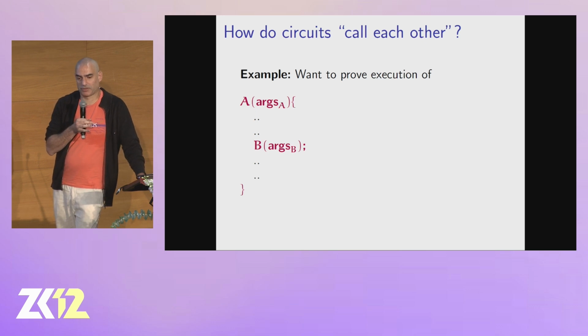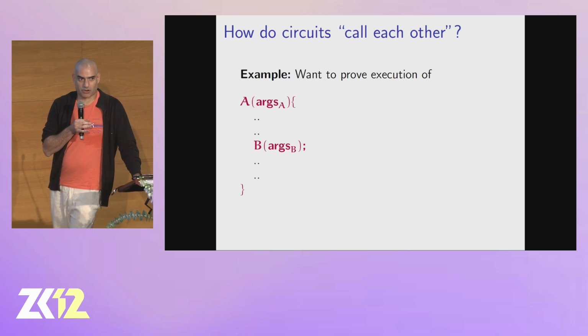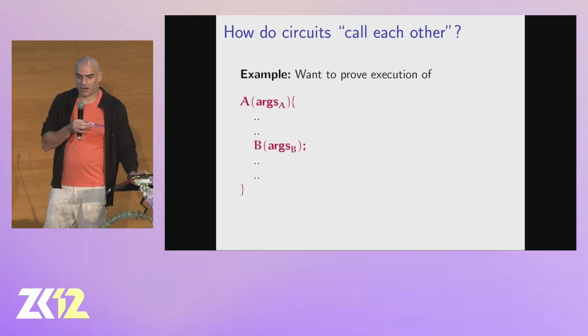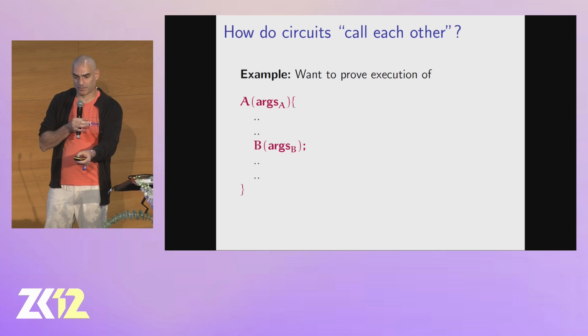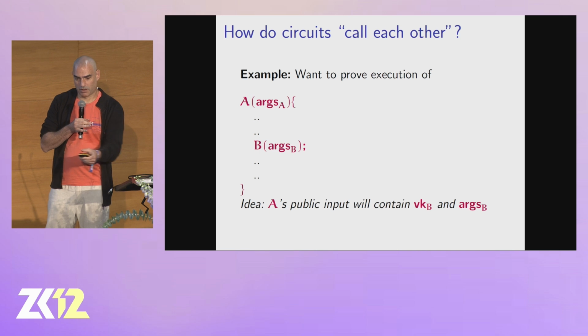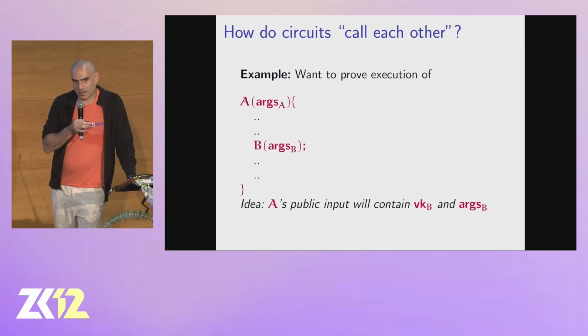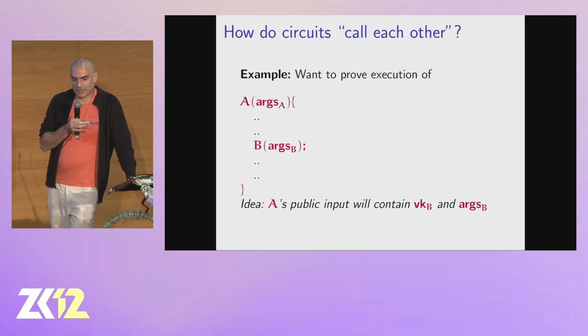We're calling A with args A. Somewhere in the middle of this execution, it's calling B with args B. And we want to make a proof of such an execution. So the basic idea is A's public input will contain the verification key of B and the arguments of B.